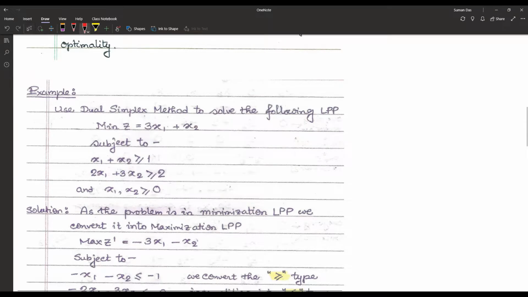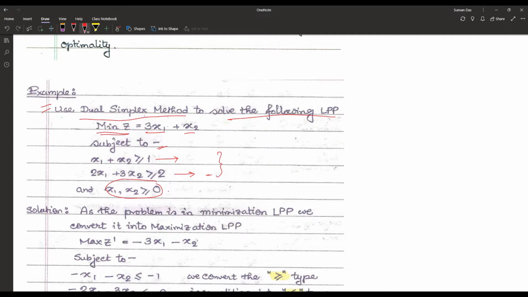Suppose that is our problem. Using dual simplex method, solve the following LPP: minimum Z is equal to 3x1 plus x2, subject to first constraint x1 plus x2 greater than equal to 1, second constraint 2x1 plus 3x2 greater than equal to 2, and x1, x2 greater than equal to 0.